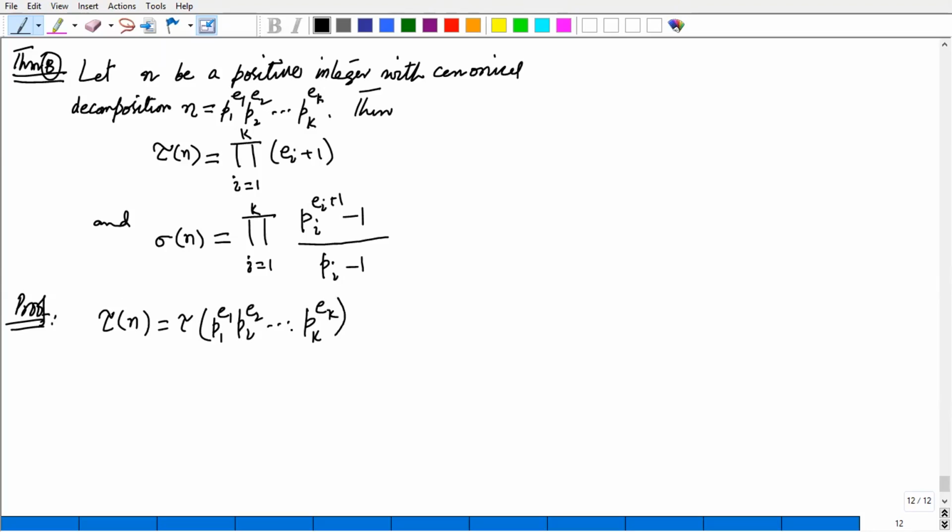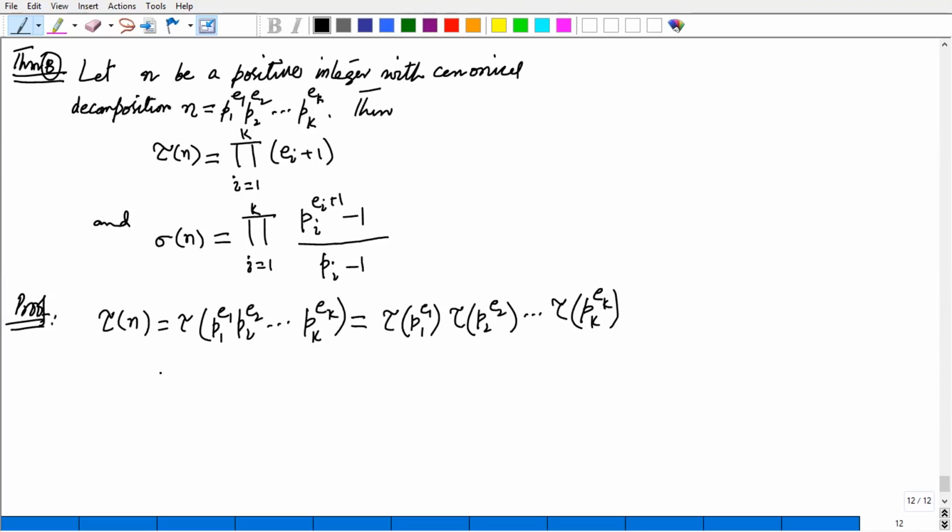Because tau is multiplicative, it can be written as tau on p1 to the power e1, tau on p2 to the power e2, till tau on pk to the power ek.